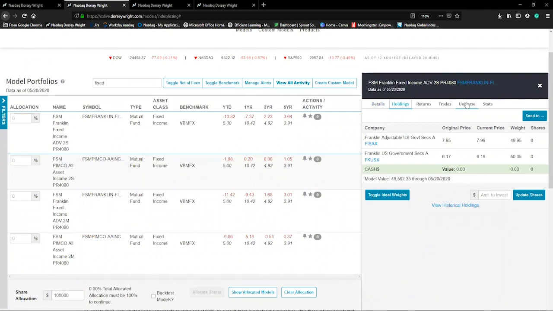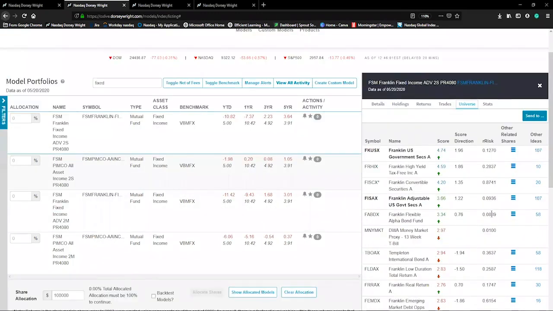We have PR 4080 instead of the PR 4050, which essentially just means you need a stronger money market in order for those models to move to cash, because as we typically see when we have a rising, stronger cash position relative to the rest of the field, we have tended to see fixed income move higher in relative rankings as well. So we're just making it a bit harder for those models to actually move out of fixed income into 100% cash.